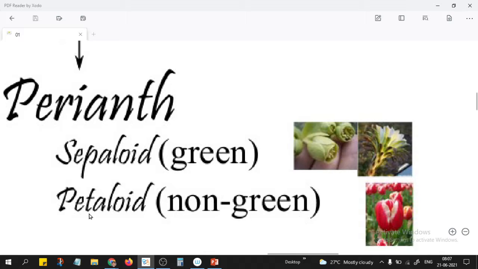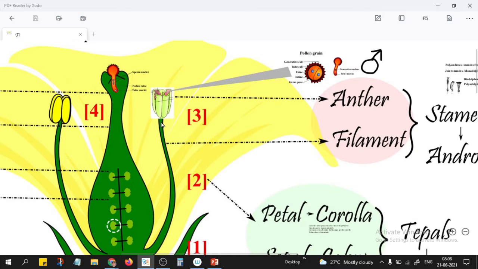Okay, so here we are able to see the male reproductive structure. It is going to have what? The long tube is known as the filament. Filament. And at the top of that one, you can see generally a bilobed structure, it is called the anther.